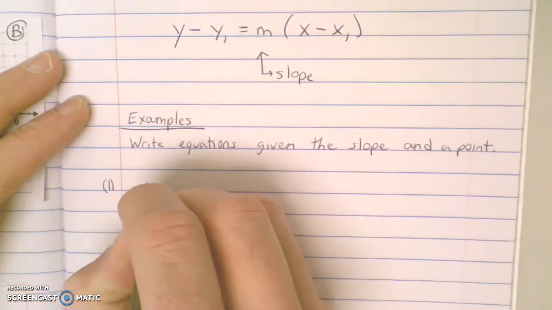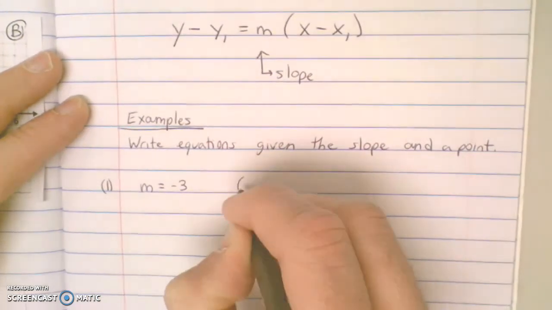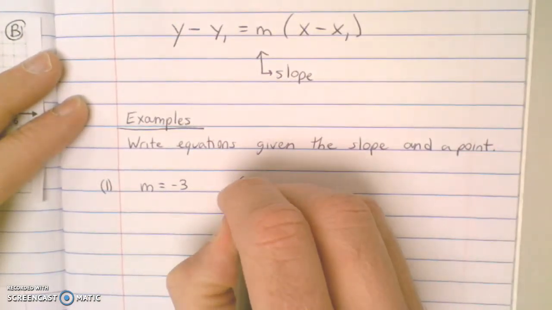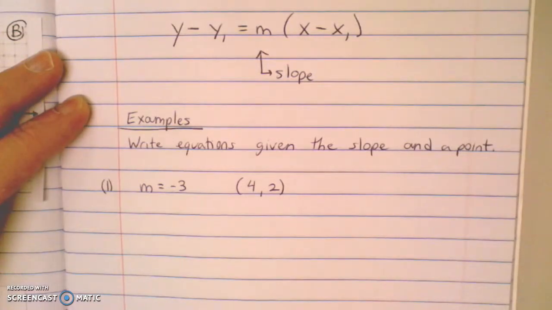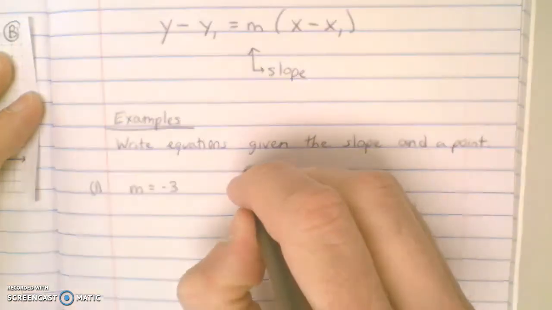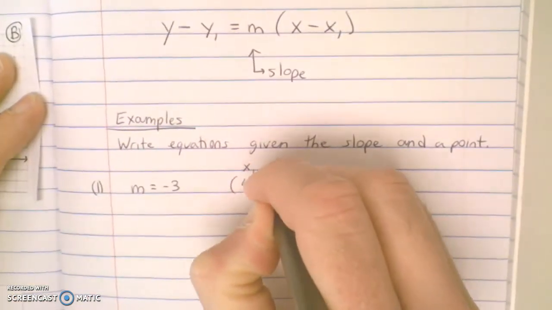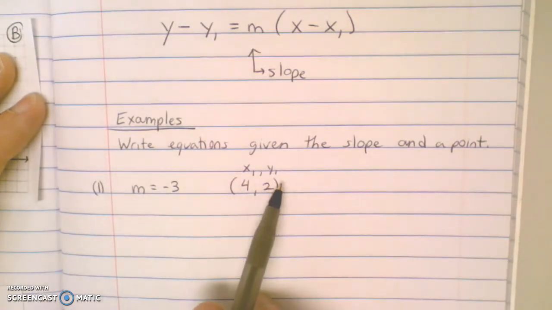So let's say the slope was -3 and the point was 4, 2. So I'm going to label the point x1, y1. So now I know what my x1 and my y1 values are.